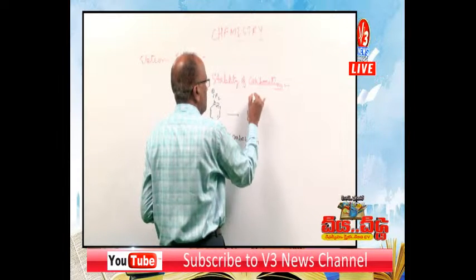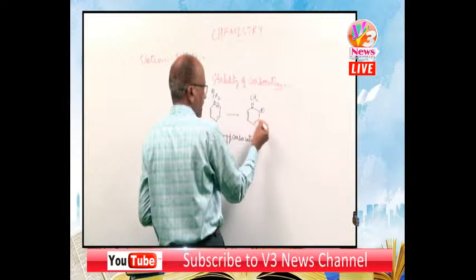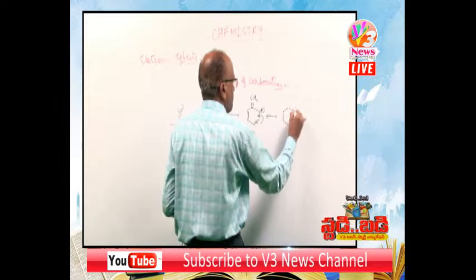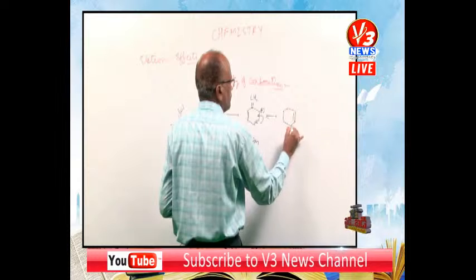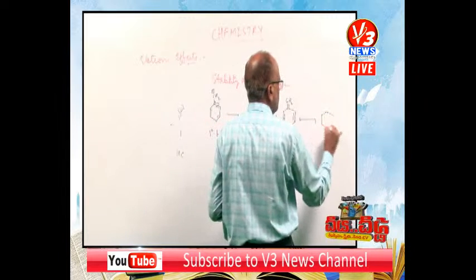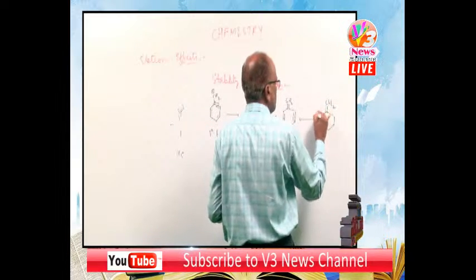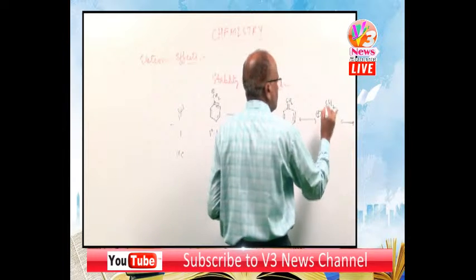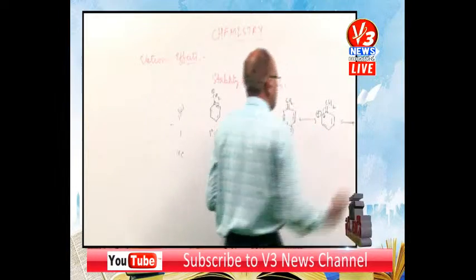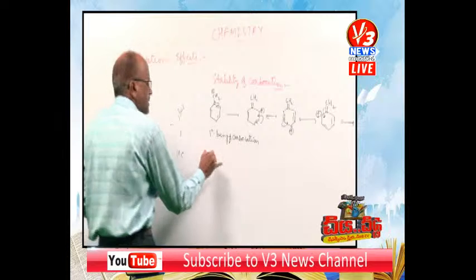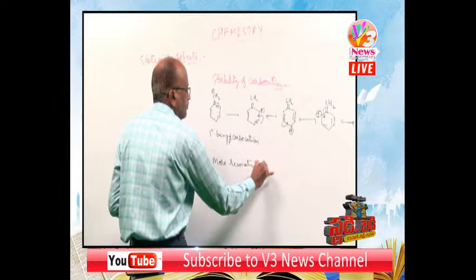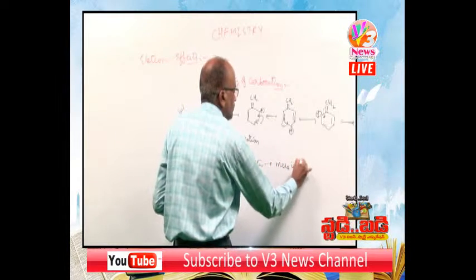Then we can write resonating structures like this, double bond here, CH2. Then in the next structure, this pi bond is shifted in this direction. Next structure, and finally these are the resonating structures. So the more the number of resonating structures, the more is the stability.